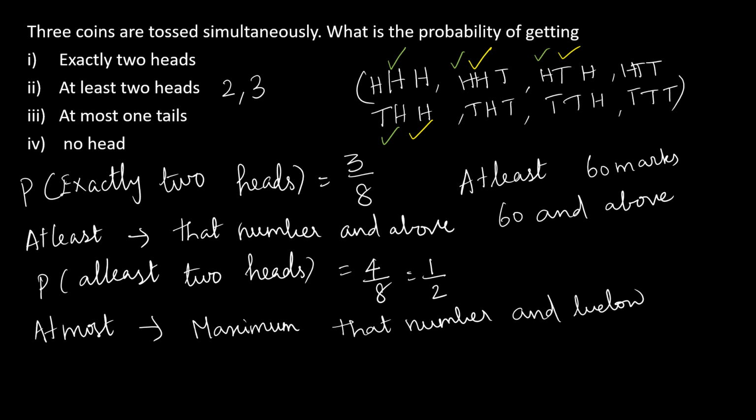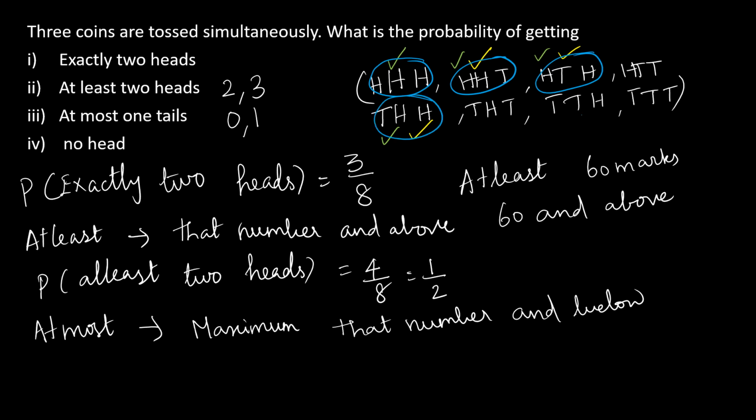If they ask at most one tail, one and below is zero tail, so you should see one tail and zero tail. Here this has one tail, this has two tails, zero tail means HHH will come, and the others have two tails or three tails.